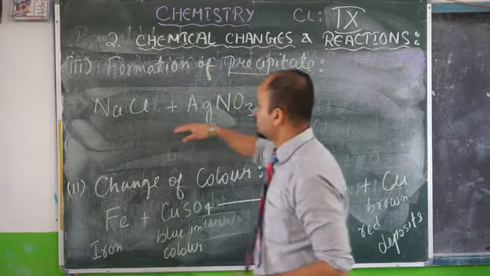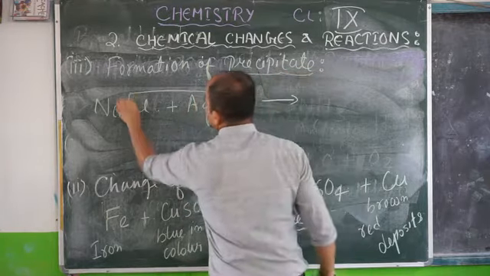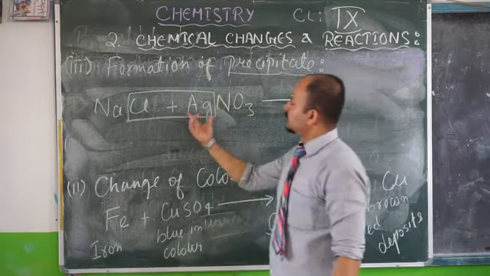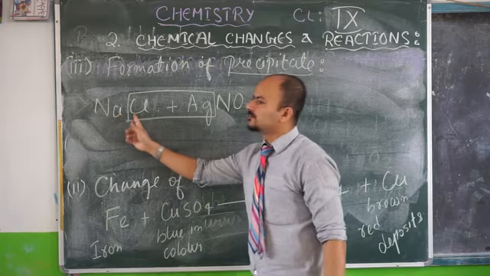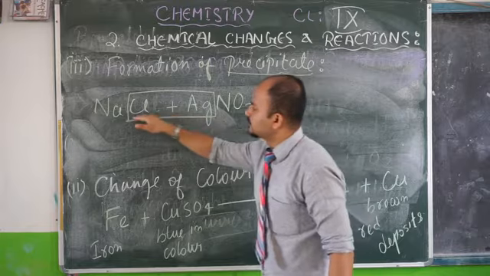NaCl in solution state, and this also has to be in solution state. Now what will happen? These two will combine. Now here the bonds between Na and Cl will be broken, and the bond between Ag and Cl will be formed.